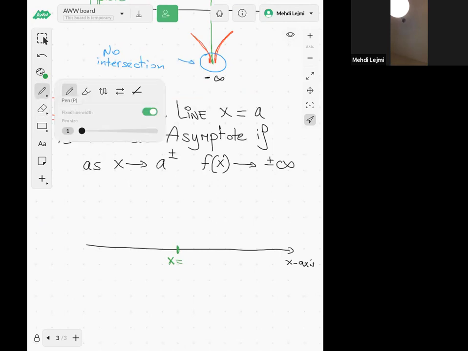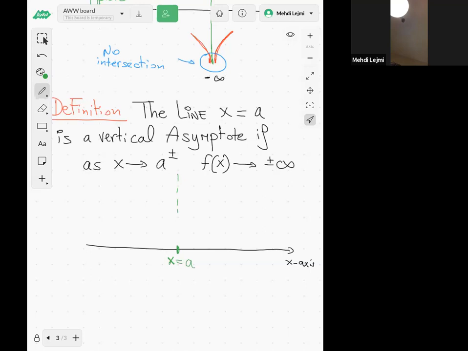So this line x equal to a is a vertical asymptote if, as x approaches a, we are close to a, the graph of f is going to approach infinity.